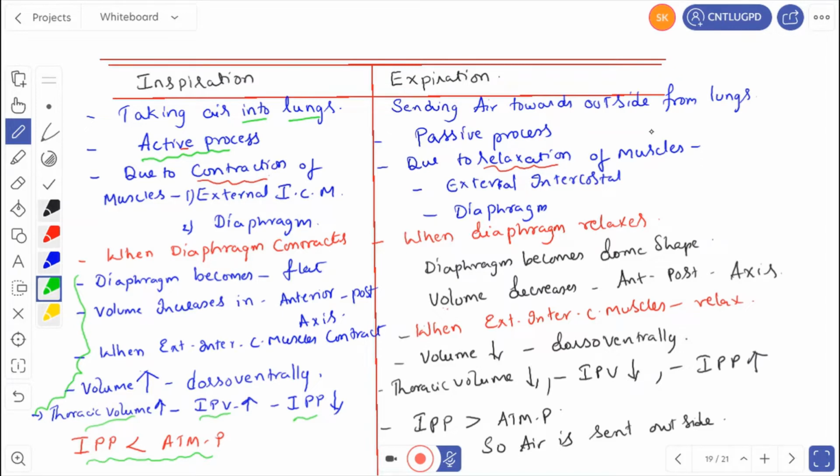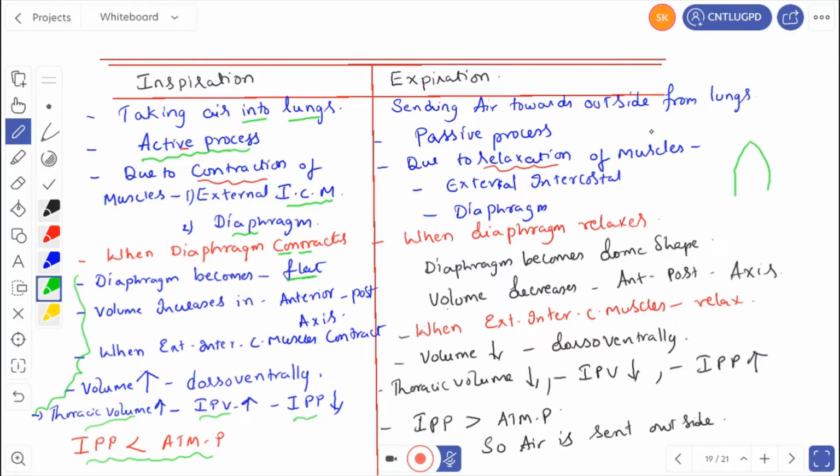As energy is utilized in the contraction of muscles, we call it an active process. Which muscles are undergoing contraction? External intercostal muscles and muscles of the diaphragm. When the muscles of the diaphragm contract, the diaphragm becomes flat. Yeah, this one is the diaphragm.